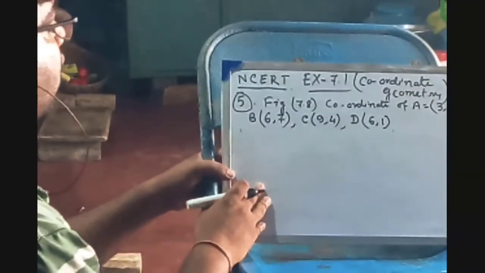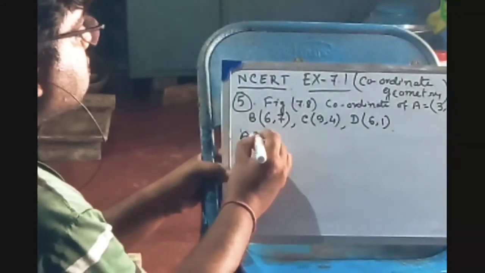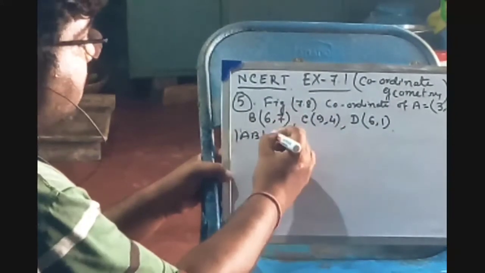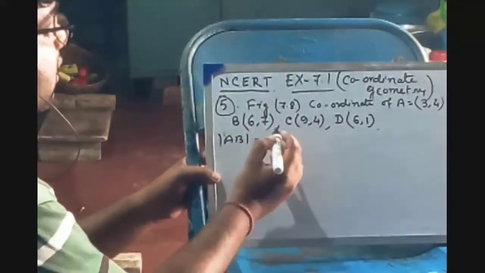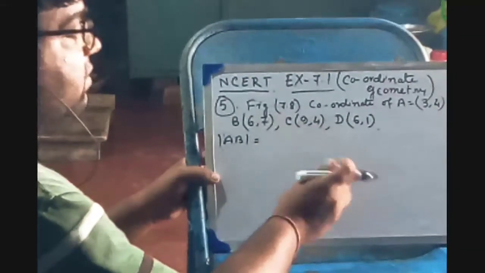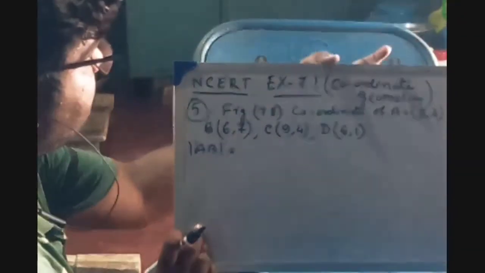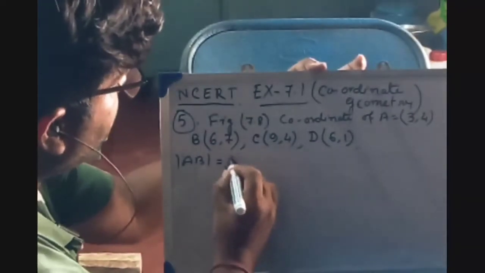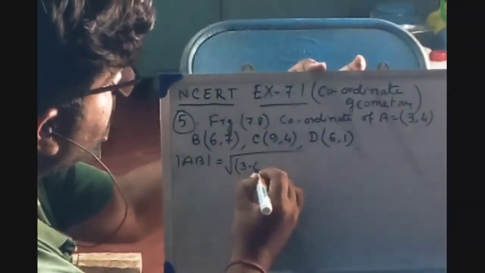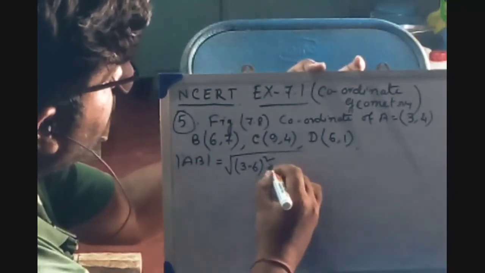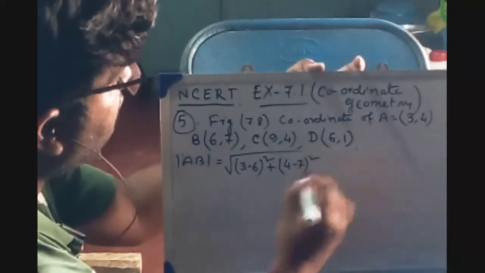Now we have to find AB. So AB is equal to root under of (3 minus 6) whole square plus (4 minus 7) whole square.